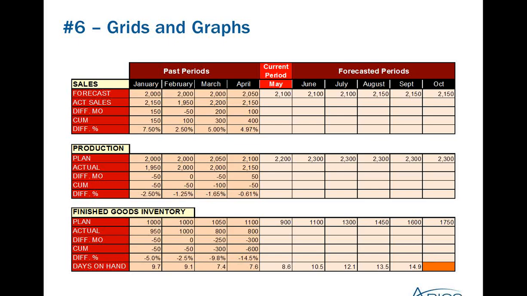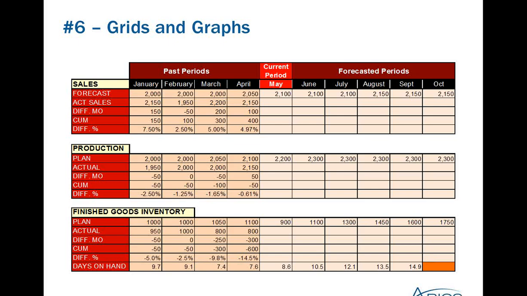So it's the 18 out into the future, and the first couple of those are coming straight from the master schedule. You have one of these for every family that you have. That's why you need to limit the number of families and keep them down to a reasonable size. There's your production plan, and then there is the calculation of the finished goods inventory.